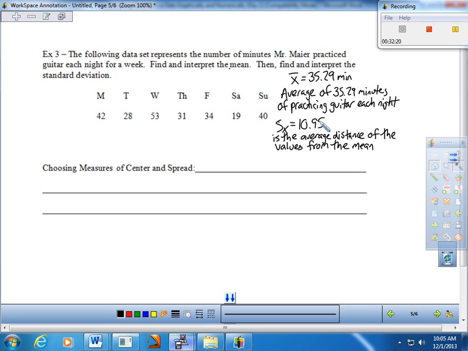The others that we talked about were median and IQR. So, talking about when to use which measurement for center and when to use which measurement for spread, this is what typically works. The median and IQR go hand in hand very nicely. That was that 5-number summary, basically.